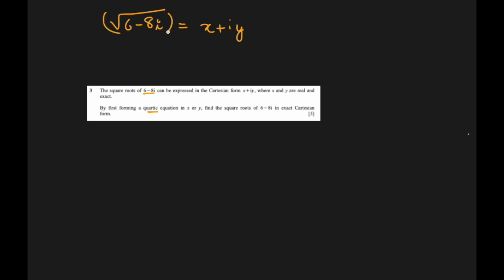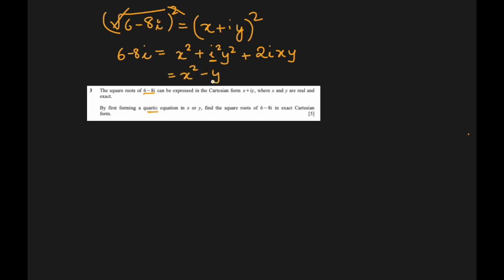How? We will just square both sides so that we get rid of the square root. So 6 minus 8i is equal to the square of this, which I will square now: x square plus i square y square plus 2i xy. This i square is minus 1, so I can write x square minus y square plus 2i xy.